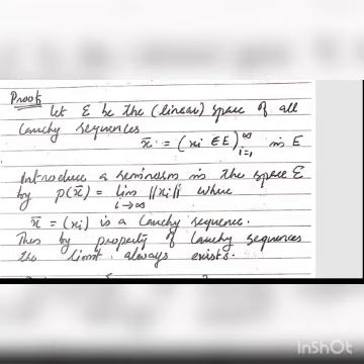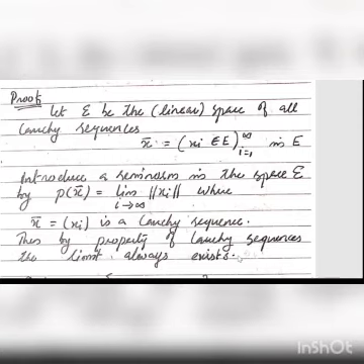So introduce a semi-norm in the space script E by p of x bar equal to the limit as i tends to infinity of norm of xi, where x bar is equal to (xi), a Cauchy sequence. Then by the property of Cauchy sequences, the limit always exists.